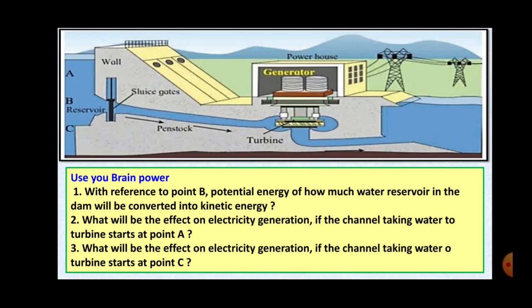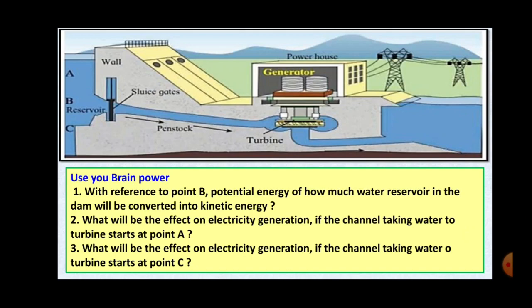Okay. Now the second question is, what will be the effect on electricity generation if the channel taking water to the turbine starts at point A?